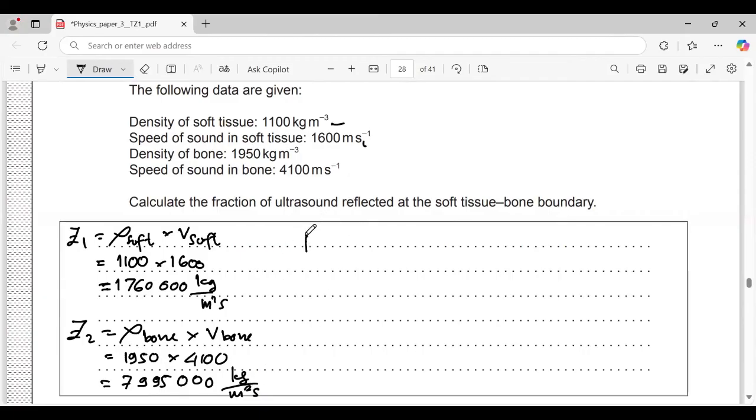So it means the ratio is (Z2 minus Z1) squared over (Z2 plus Z1) squared. So substitute this number. If you substitute, it's going to be like this.